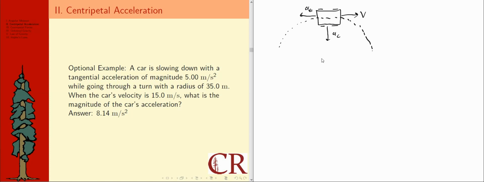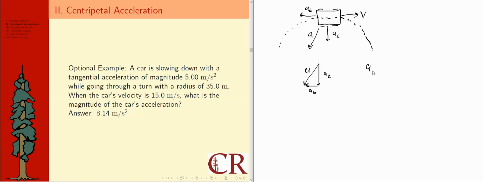In that sense, if I ask what the overall acceleration is, it should be a vector that points at some angle, I don't know if I got the angle right there, but the basic picture is that the acceleration vector is the vector sum of the centripetal acceleration and the tangential acceleration vectors that are shown in my sketch here.